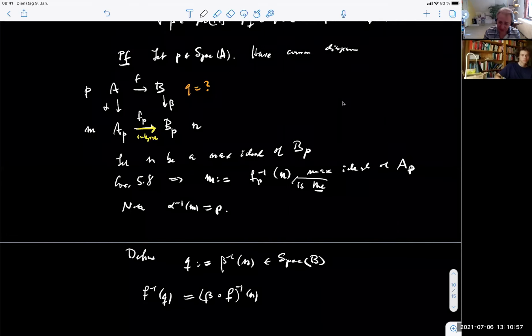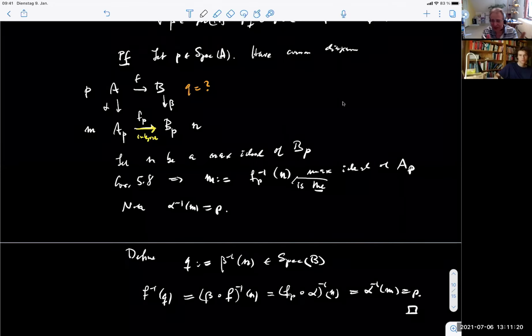I did not write one step, but then I use that the diagram is commutative. And then I resolve this. That's the inverse image of the N, which is the M, and this is the P. So I'm done. So basically, I just go back along the diagram.